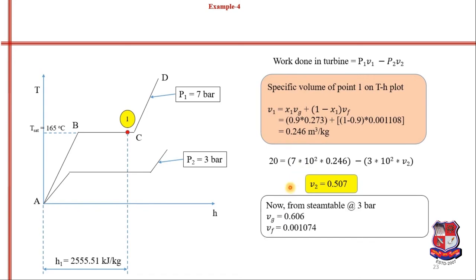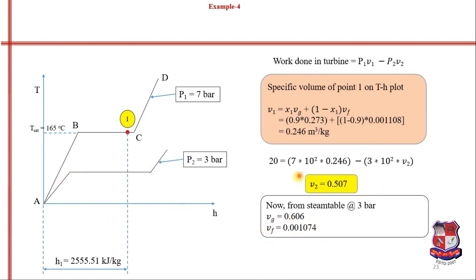Now from the steam table, at 3 bar pressure we are having the value of Vg, meaning the specific volume of dry saturated steam at this point, is 0.606, and the specific volume of saturated liquid at this point is 0.001074.